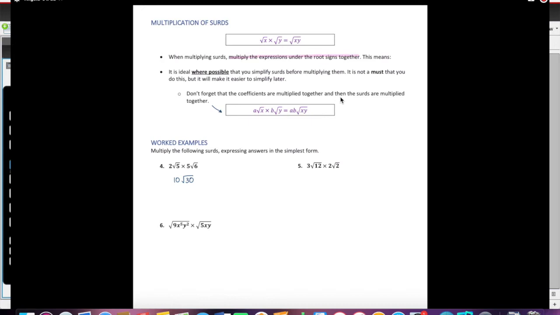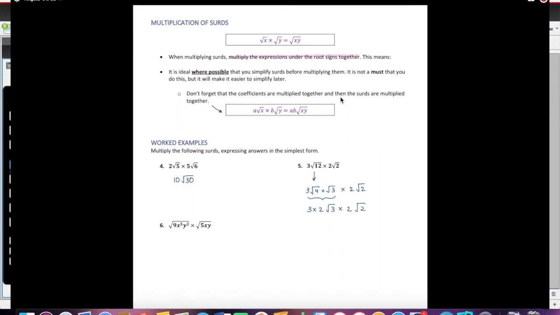So if we do what we've been encouraged to do, which is to simplify the surd before multiplying it, let's simplify 3 root 12. So we know that that is the same as saying 3 root 4 times root 3, and I'm just going to write the rest of the expression. So now simplifying this here, I'm going to get 3 times 2 root 3 times 2 root 2.